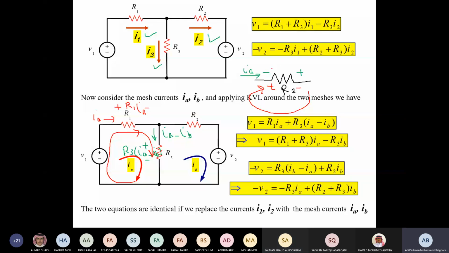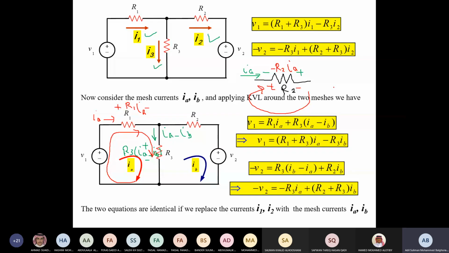So it will be here minus R2 IA, right or not? Right. Let's put this IA. Okay, now this is all right.